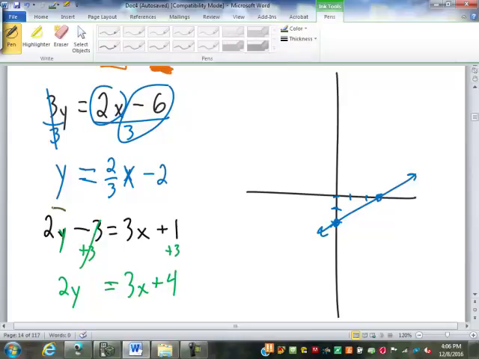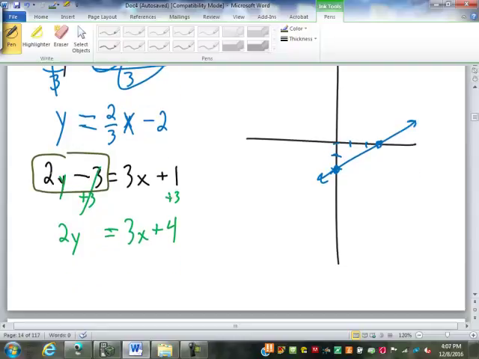If I look at this side of the equation here, what was done to y, you would have to first multiply by 2, because order of operation says you multiply before you subtract. And then you would subtract the 3 from it. When we take it apart, we got to go backwards. We take off the last piece first. So we added the 3 to get rid of the 3. And now we're going to do what?